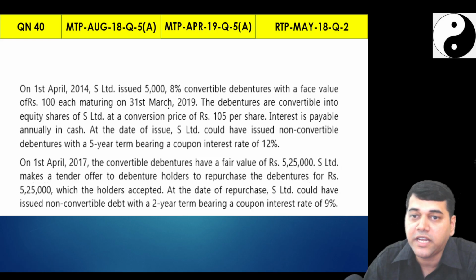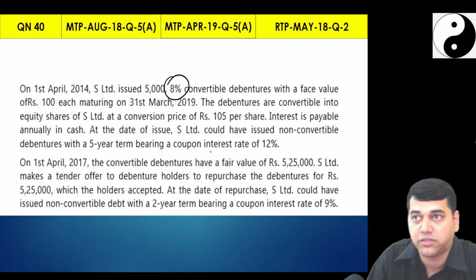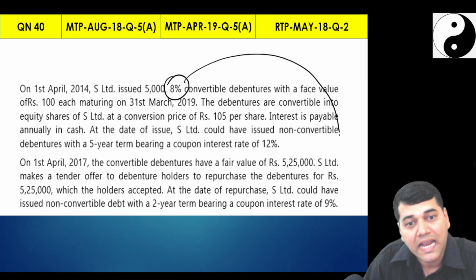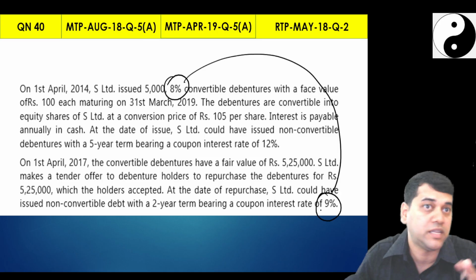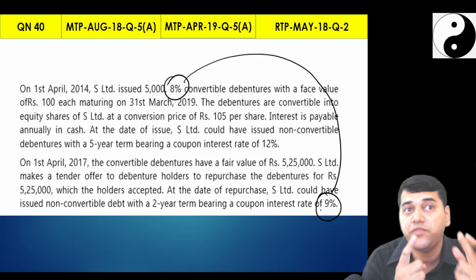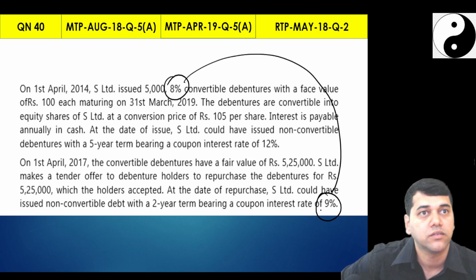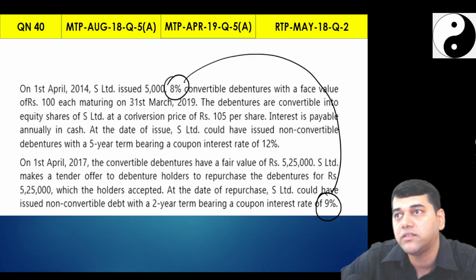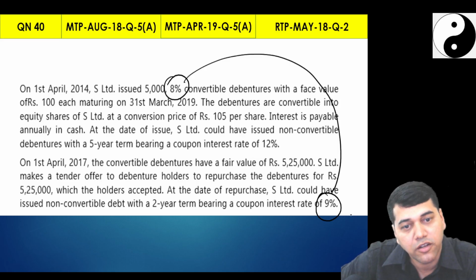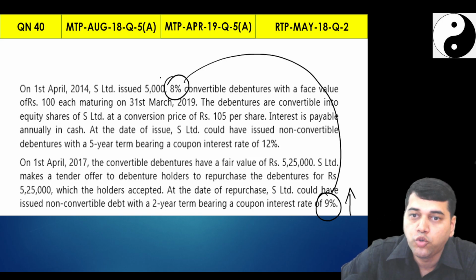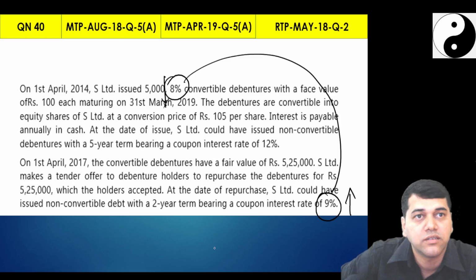That means my rate of interest, what I am paying you right now, is 8%. But that day, the market rates have increased. These are all questions which we cannot question in accounts. If we were doing AFM, now we would question this. Why did you refund this? When the market rate of interest has increased, you could have continued paying a lower rate of interest.